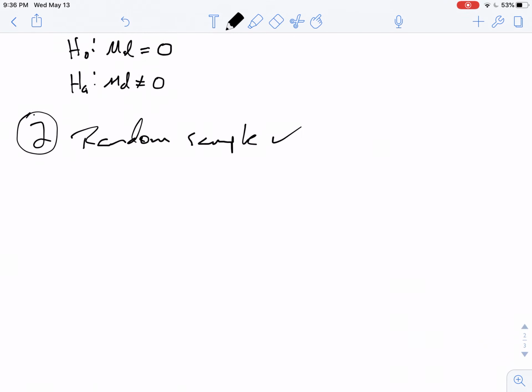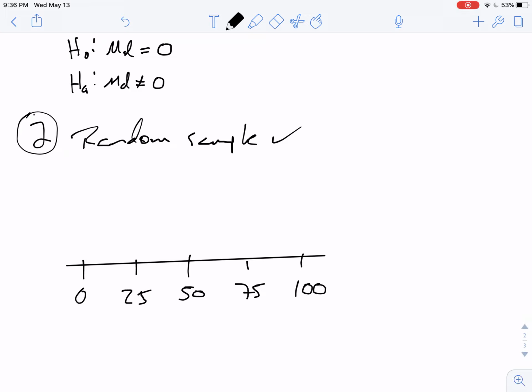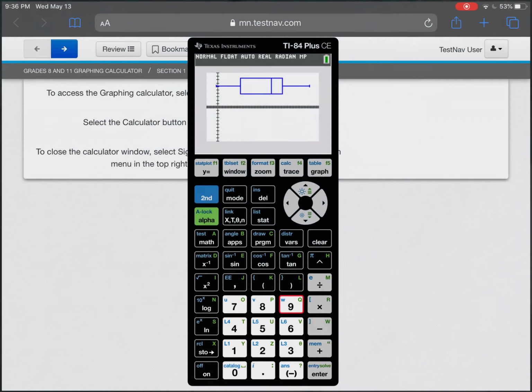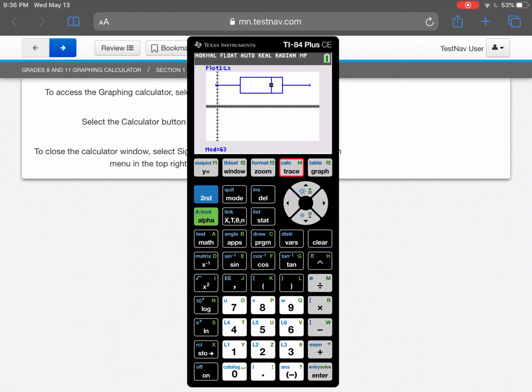Anytime you make a box plot on your calculator, you also want to draw it out. So I'm going to do that quick. Just make a quick scale. All right, and then I can look at my 5-number summary by hitting trace.